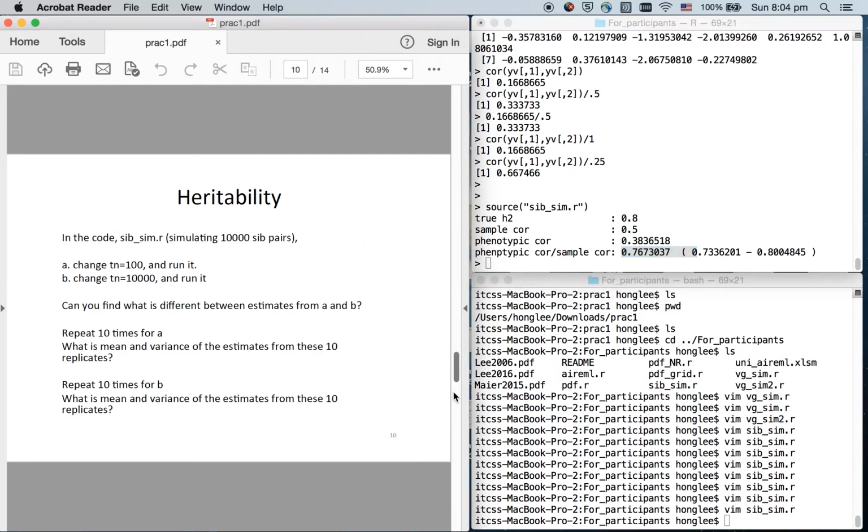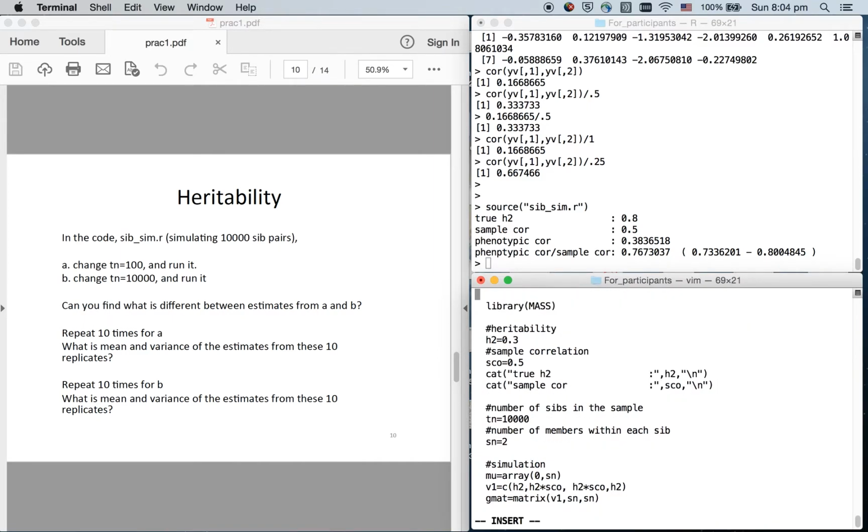Okay, then now this is about the power, in relation to the confidence interval. So in the code, let's have a look.